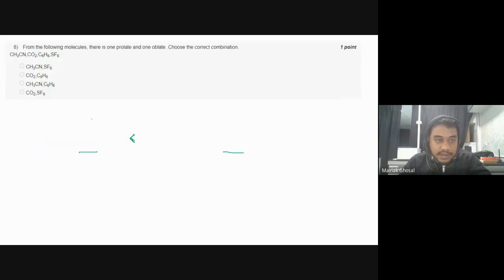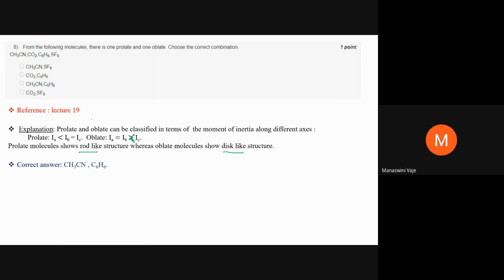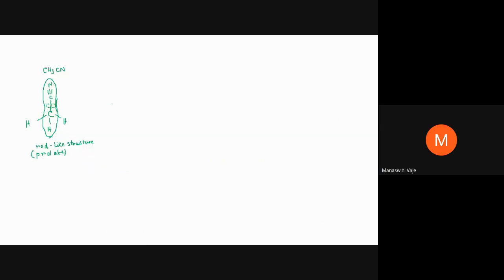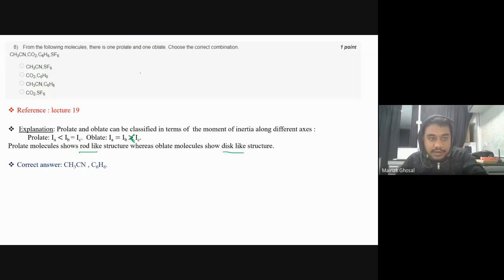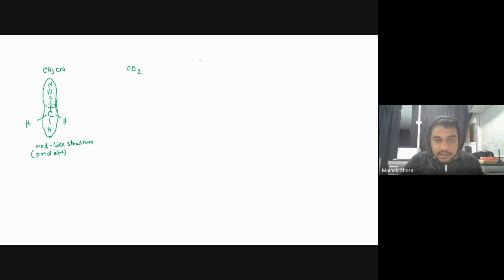So what was the second molecule? CO2. So let me just write all these molecules: C6H6, SF6. Okay, now for CO2.